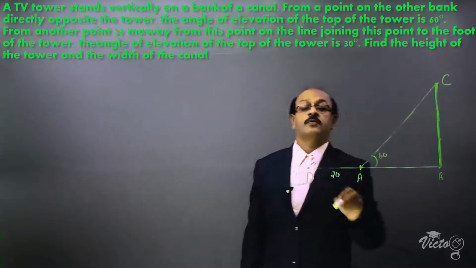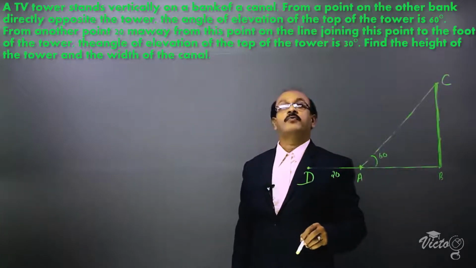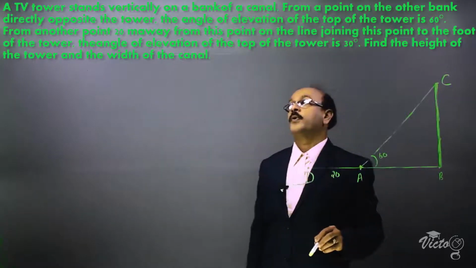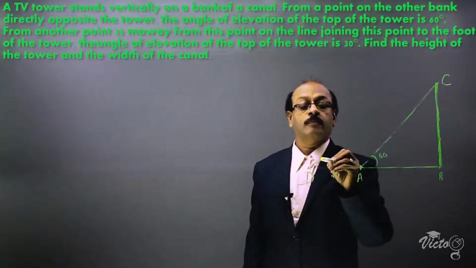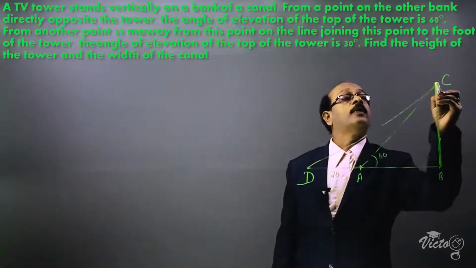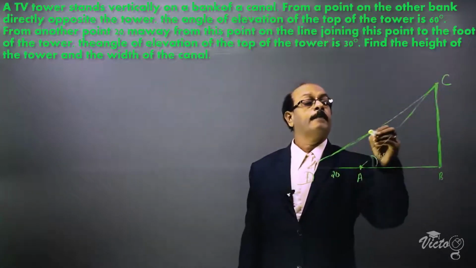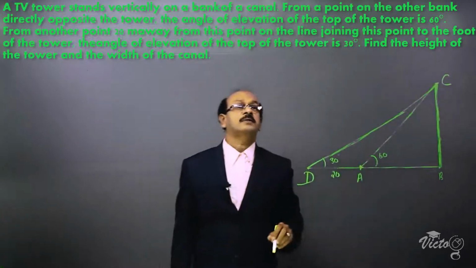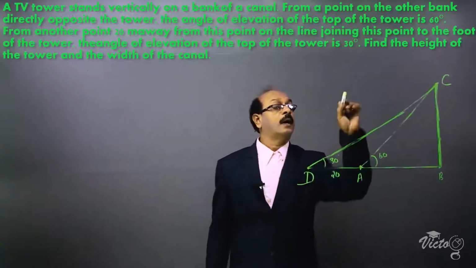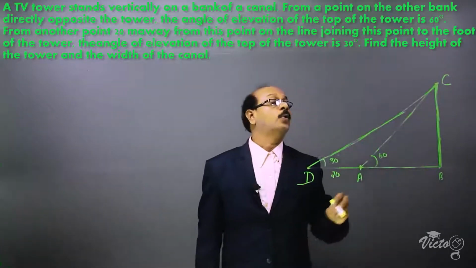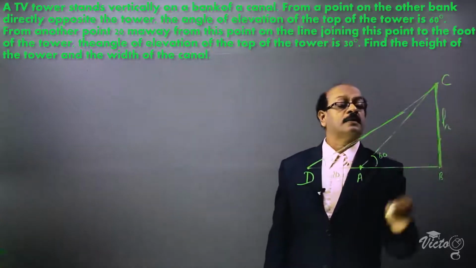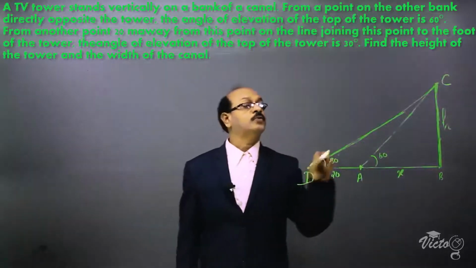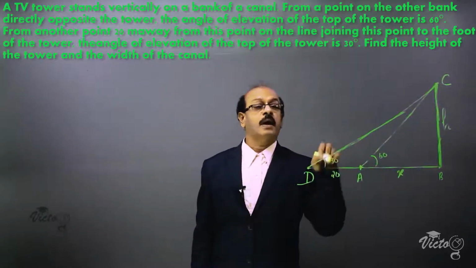The angle of elevation of the top of the tower from D is 30 degrees. We want to find the width of the canal AB and the height of the TV tower BC. So take the height as h and the width of the canal AB as x. Now we have to find the values of h and x.